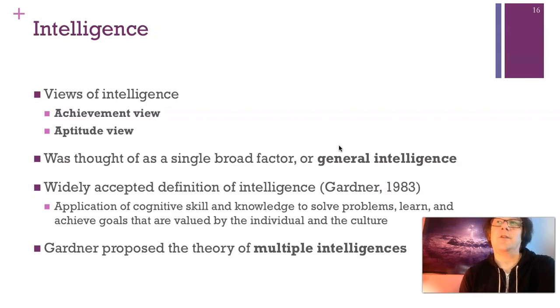But other definitions view intelligence less as a product of education and more as an ability to become educated. So essentially less about what somebody knows or has learned and more about a person's ability to learn. So this type of view is known as the aptitude view.